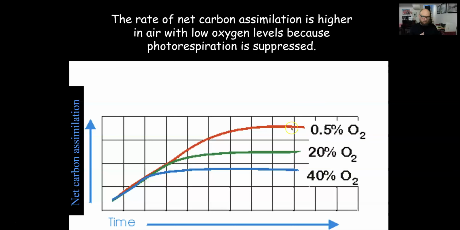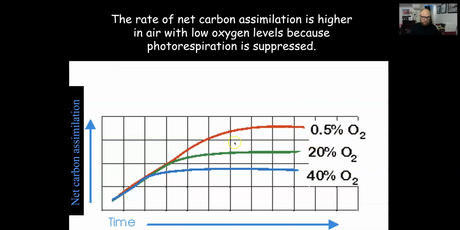Currently in our atmosphere, we're around 20% oxygen. So the air around us is about 20%. Then they doubled it and did 40%. And then we also have 0.5%. This is the concentration of oxygen they think the atmosphere was at when rubisco evolved.